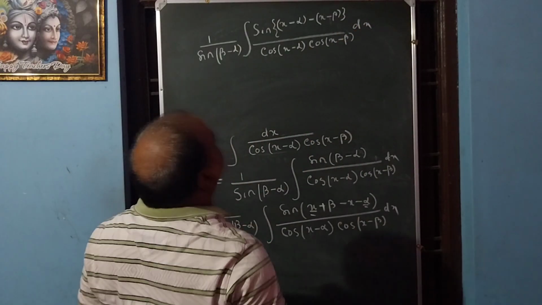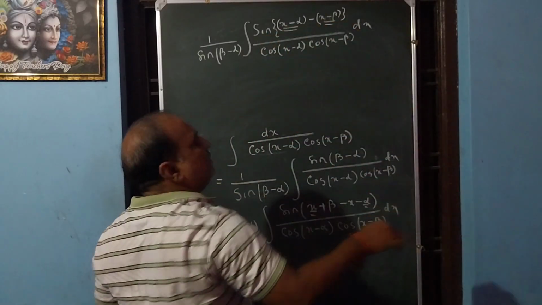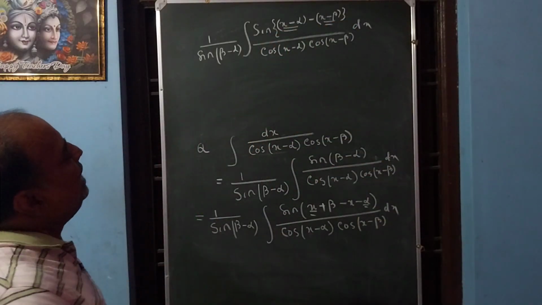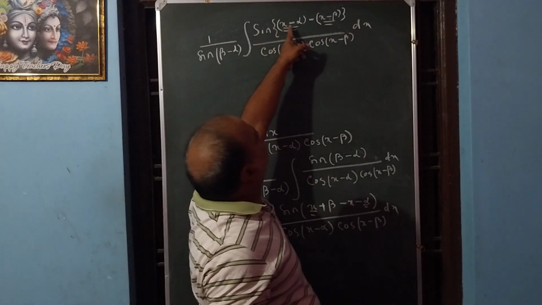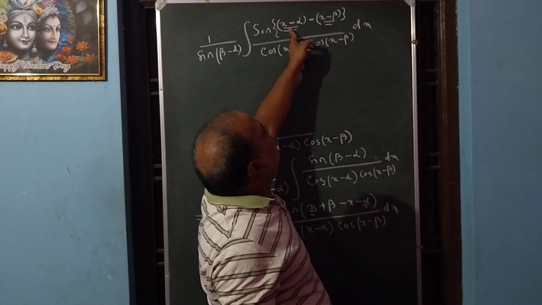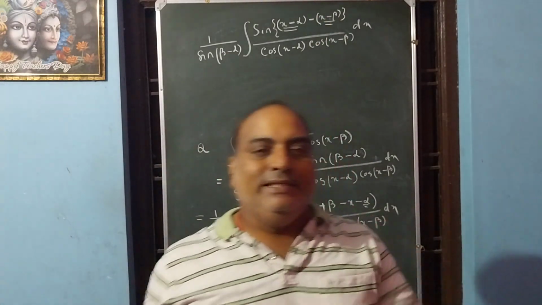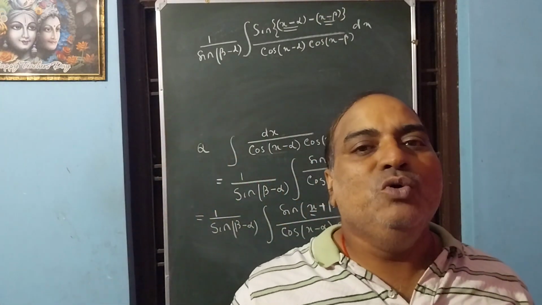So here you think this is a and this is b. Sin a minus b. You have to think this is a and this is b. Then sin a minus b formula is sin a into cos b minus cos a into sin b.